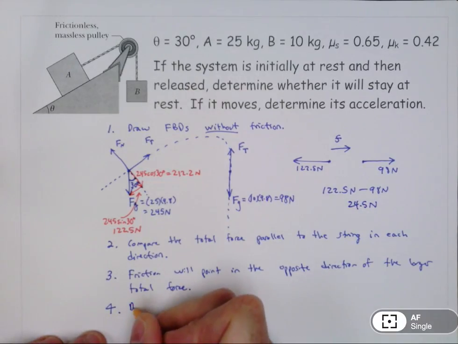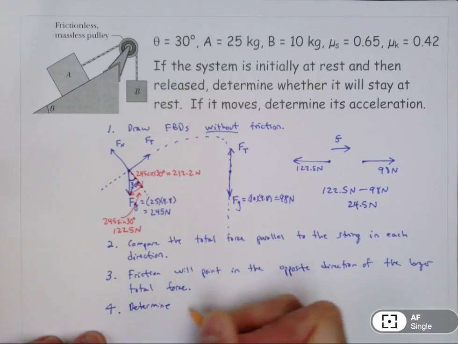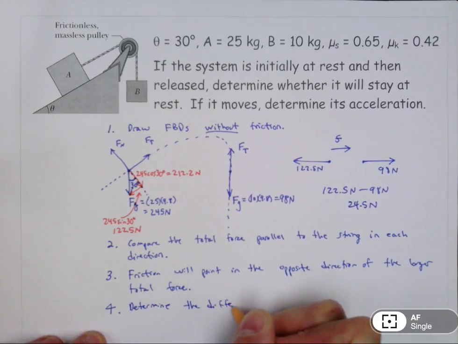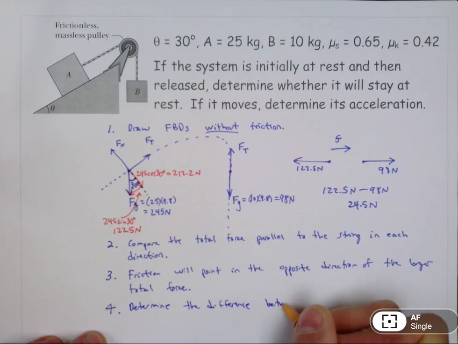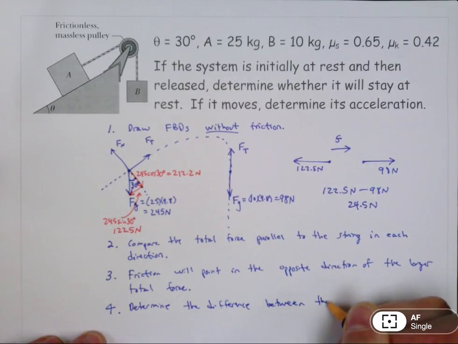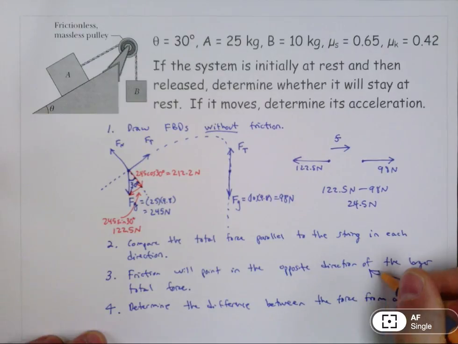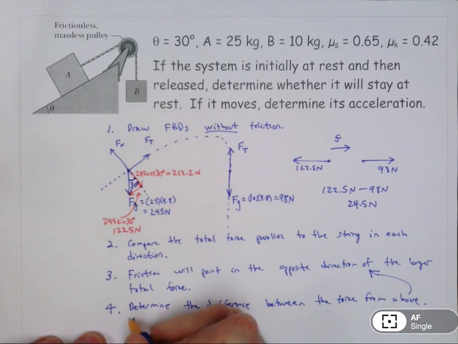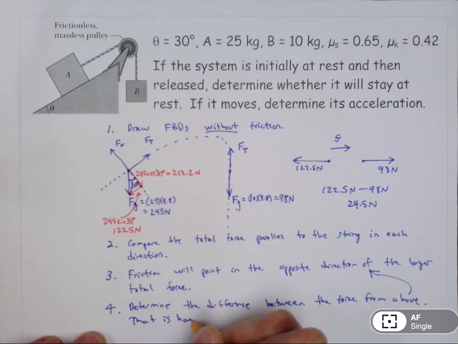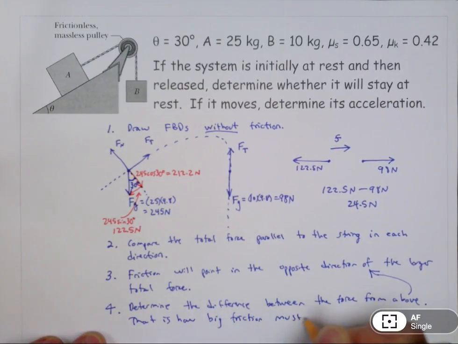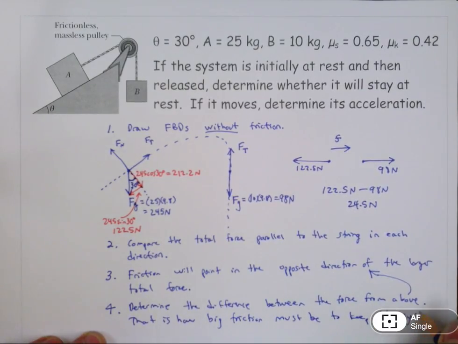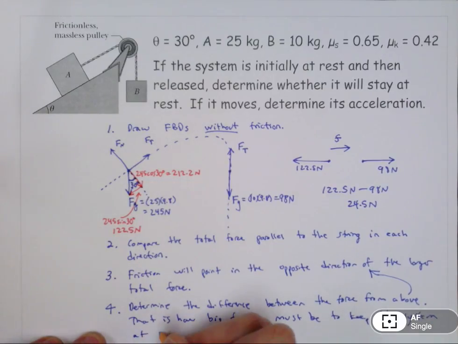So step 4 is determine the difference between the forces from above, meaning from this step right here, and that is how big friction must be to keep the system at rest.